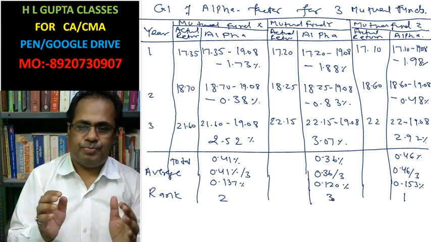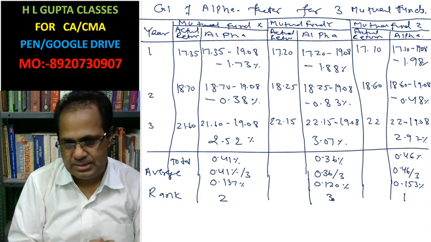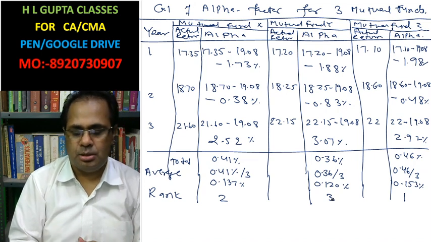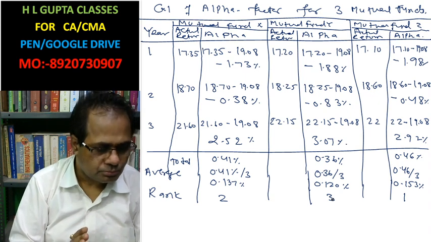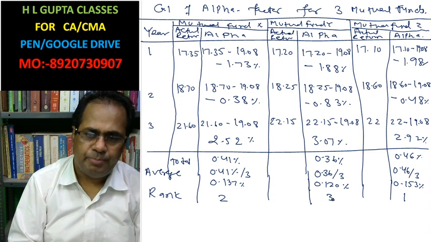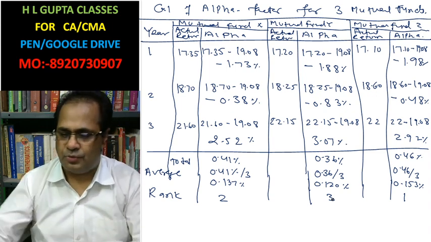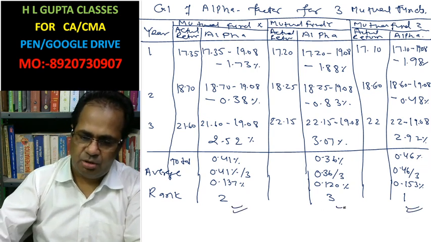Similarly, thereafter we can say mutual fund X and mutual fund Y as well. The rank we have calculated. In this way we will calculate the alpha. This is the first rank, this is your second rank, this is your third rank.